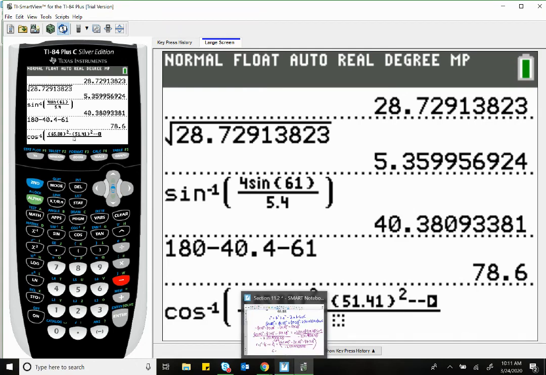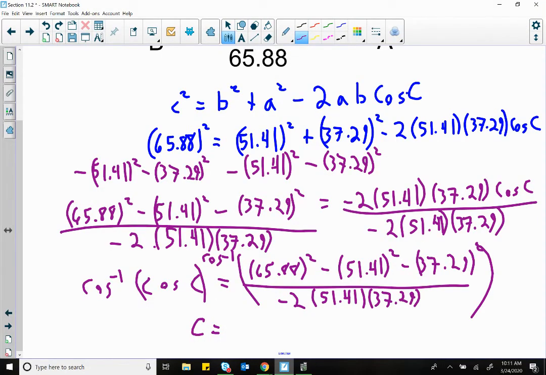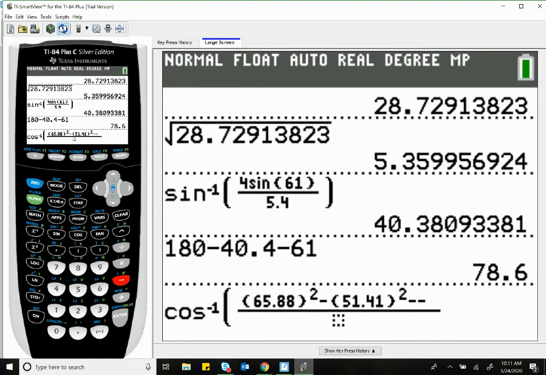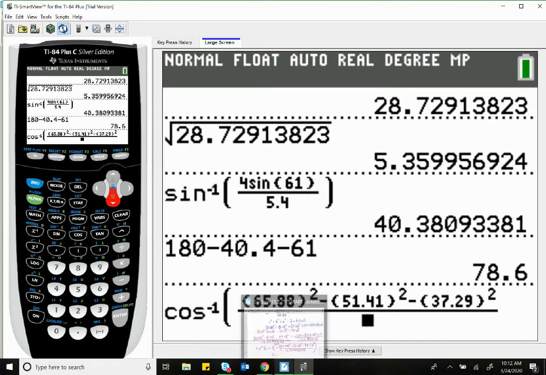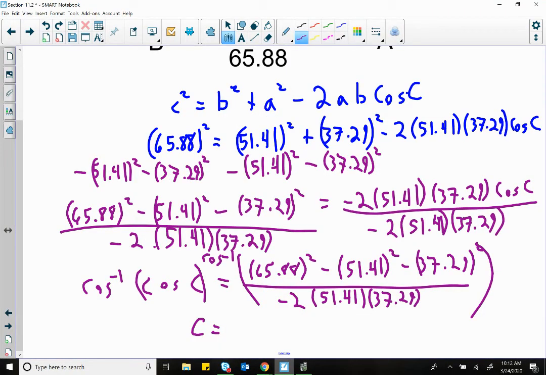Minus 37.29 squared. Make sure of that. Yep, 37.29.